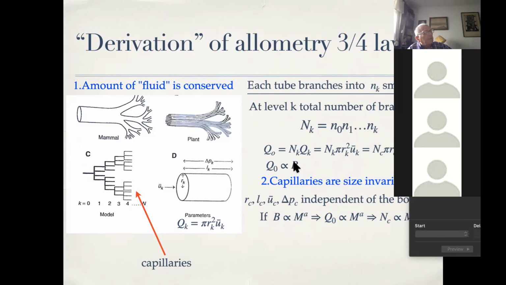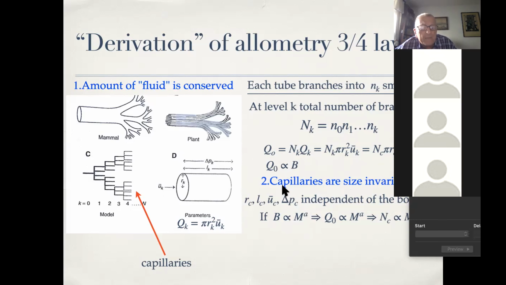And because B is proportional to the mass of the living system with an exponent a, this formula gives me a relation between the mass exponent a and the flow of the nutrition.